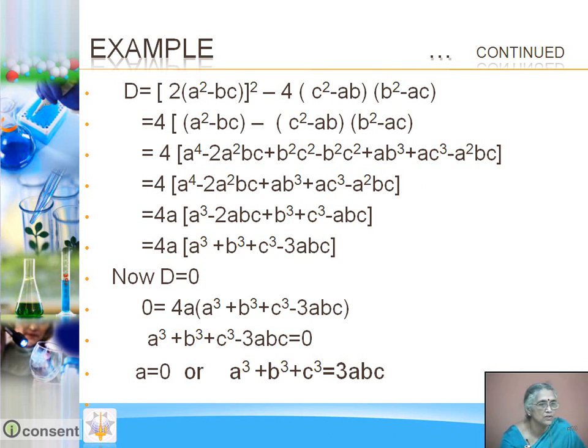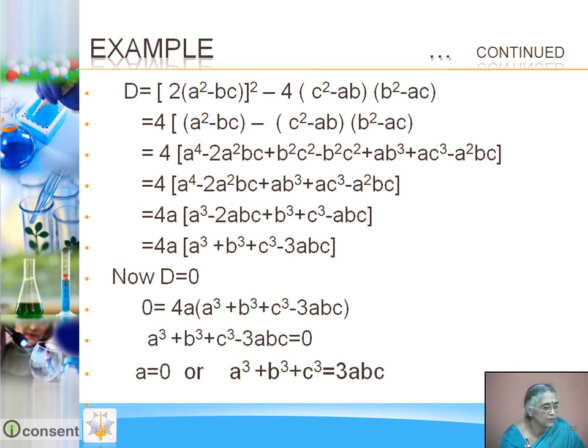So substituting the values of the coefficients of x square, x and the constant term and simplifying, we get 4a into (a cube plus b cube plus c cube minus 3abc). And obviously we equate this to 0.